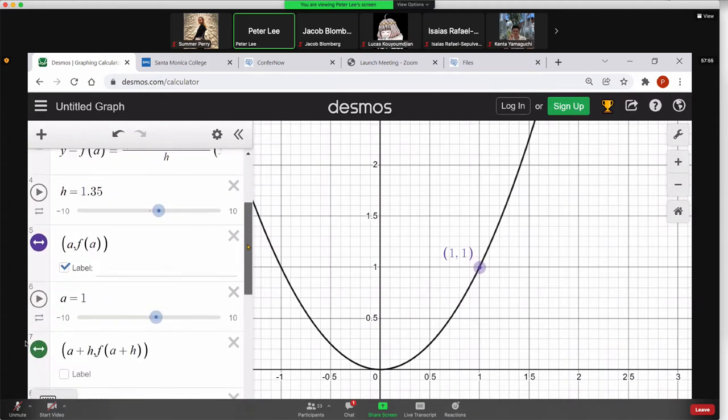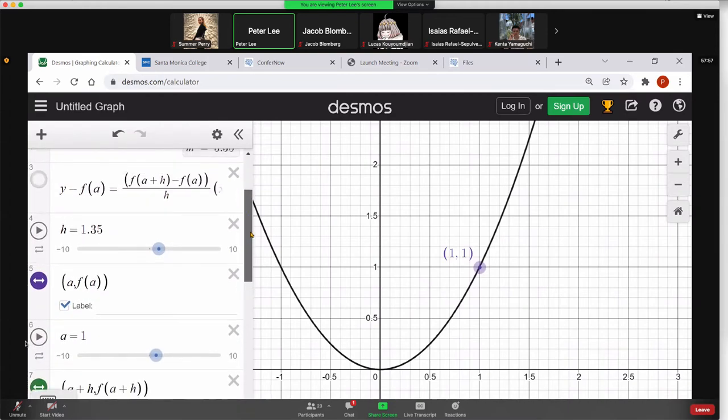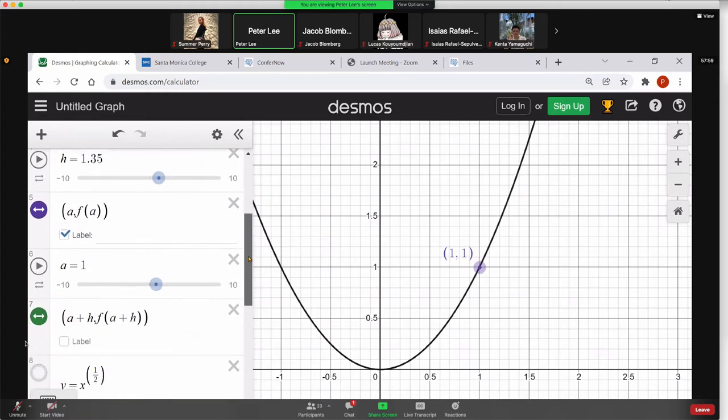Okay, now what I'm going to do is pick another point on the curve. Another point on the curve is the green point, this guy.